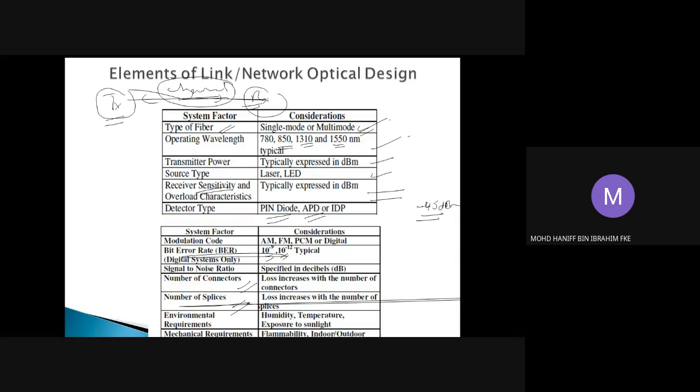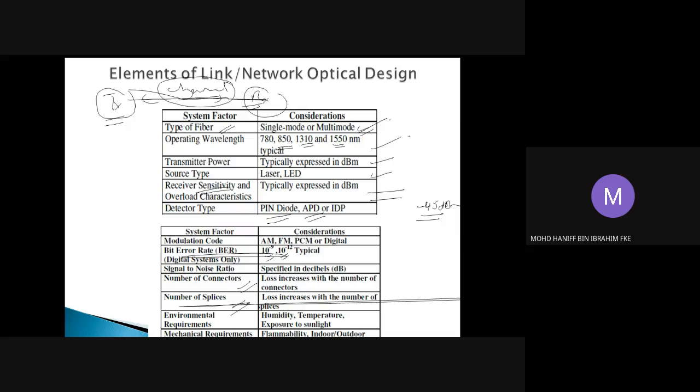These are the things that need to be considered in your optical system design later on, and also the environmental requirements: whether your application can be exposed to high temperature or to sunlight, and what humidity level is allowed in your fiber installation, for example. Also related are the mechanical requirements, whether your optical fiber is for indoor or for outdoor application.